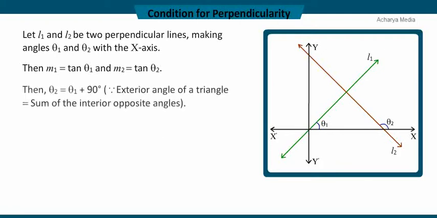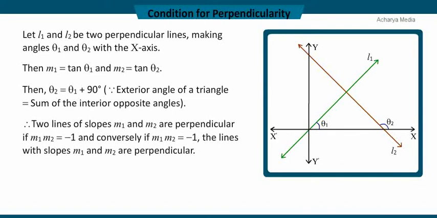Since the exterior angle of a triangle is equal to the sum of the interior opposite angles, we have θ2 is equal to θ1 plus 90 degrees. Taking the tangent on both sides and simplifying, we get m1 m2 is equal to minus 1.